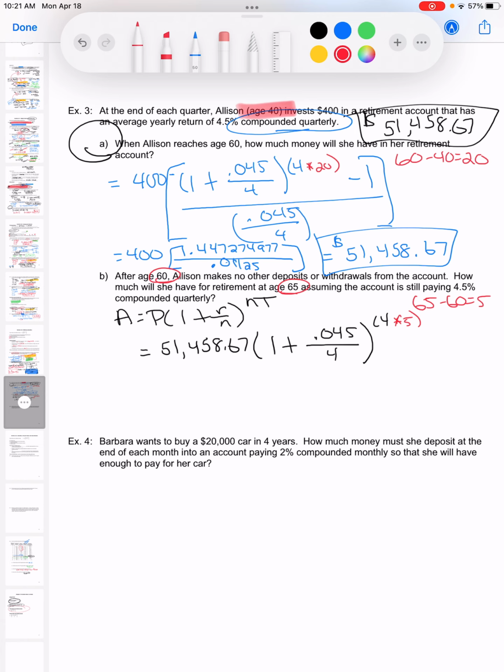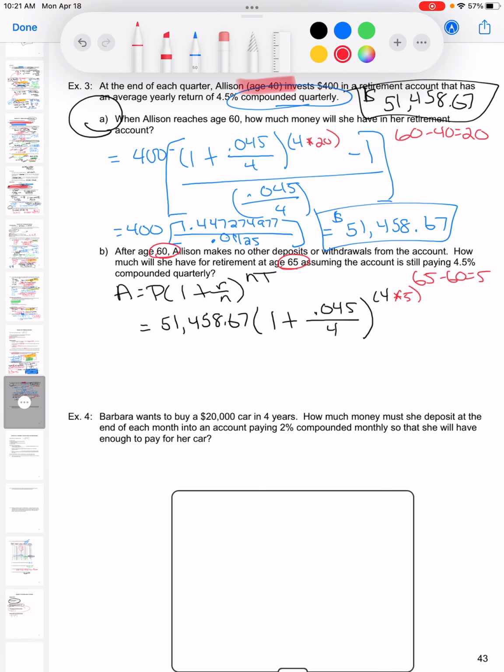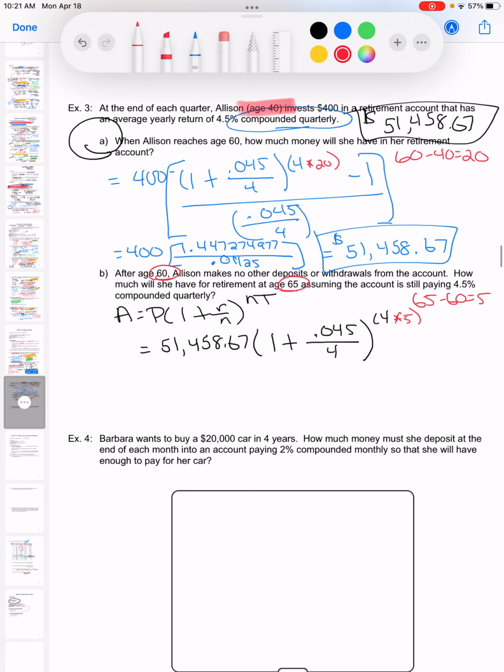Now this one we can actually type in all at the same time. This one's a little bit easier on the calculator. So we can type this all in at one time, and that means at the end, rounding to 2 decimal places, she would have $64,361.96.